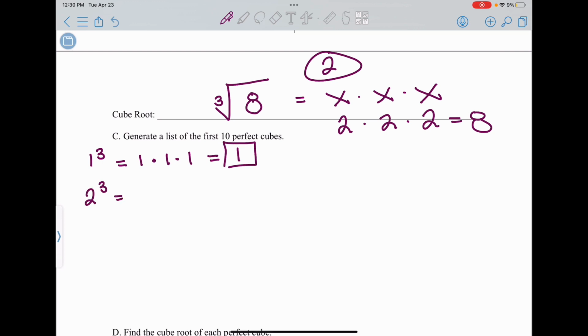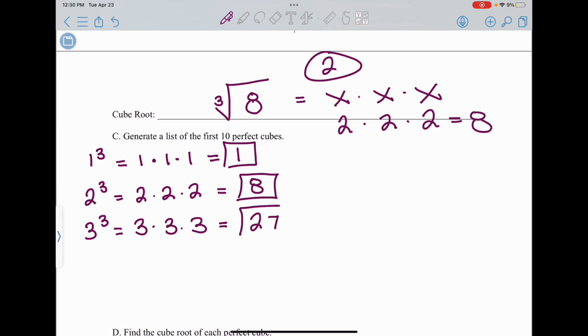2 cubed is 2 times 2 times 2, which is 8. 8 is a perfect cube. Next we have 3 cubed, so 3 times 3 times 3, which is 27. 27 is a perfect cube. Then we have 4 cubed, 4 times 4 times 4, which is 64.